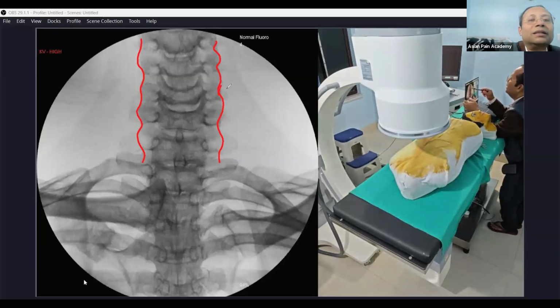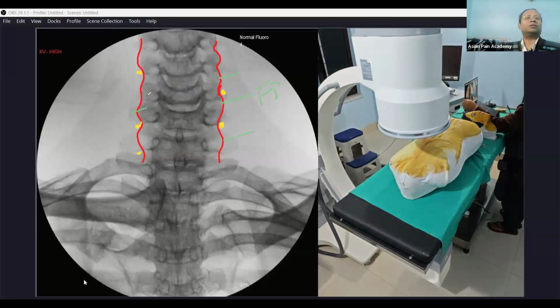The trough areas are for the medial branches, and the heel areas are for the facet joints. So these are facet joints.